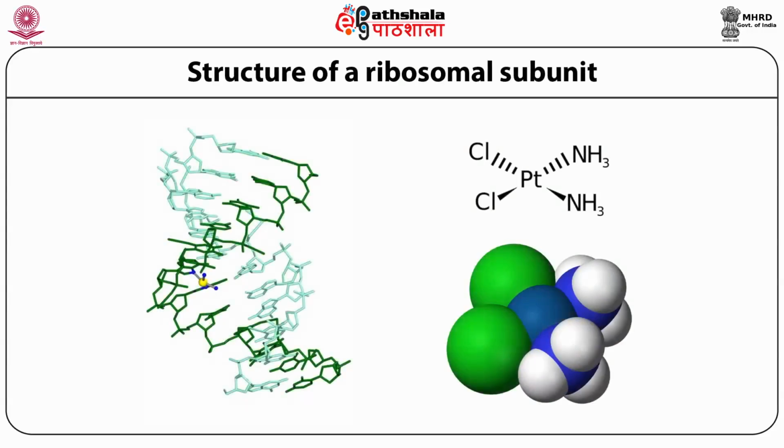We show in this picture how platinum binds to the DNA molecule, shown as cis-platin with chlorine and 2 amino groups, and this interaction almost stops DNA replication and kills the cell.